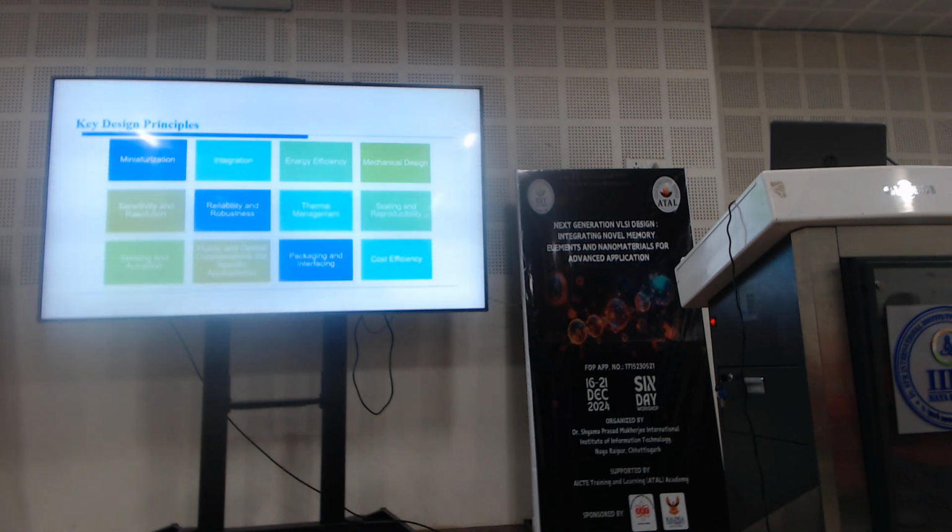The first ones are miniaturization, integration, energy efficiency and mechanical design, sensitivity and resolution, reliability and robustness, thermal management, scaling and reproducibility, sensing and actuation, fluid and optical. This last one is only for specific applications, like microfluidic applications. Then packaging and interfacing, and cost efficiency.